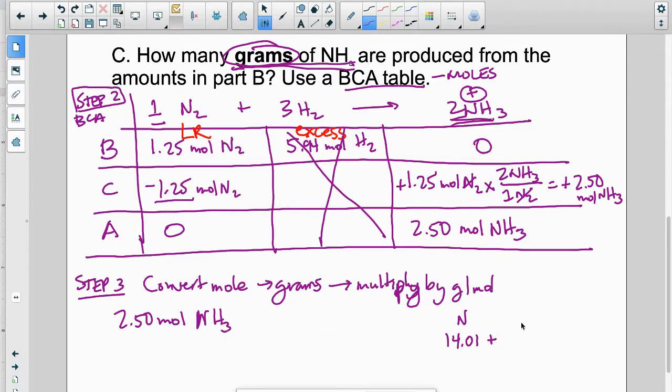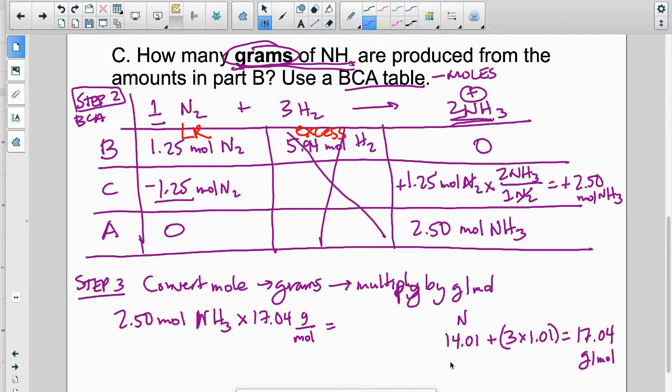We've got 3 hydrogens, so 3 times 1.01. And I can add this up. This will give me 17.04 grams per mole. So I can just multiply this by 17.04 grams per mole.